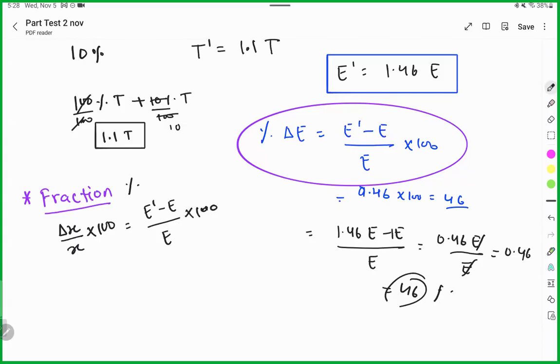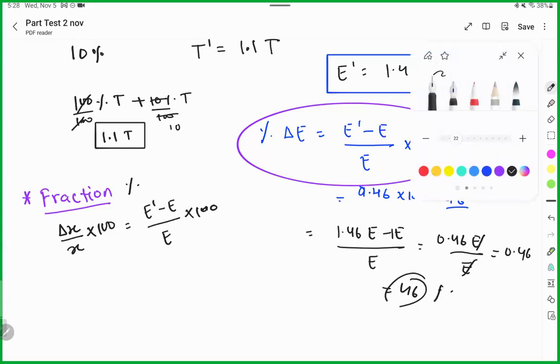I think by mistake I mentioned T dash, right? It is like fraction percentage, nothing else. And this is the formula of fraction percentage you use in units and measurement, like in error, you use almost everywhere, in stress, strain. You use the same method, right? Fractional change in value by original value. The fractional change percentage multiplied by 100. Yes or no?